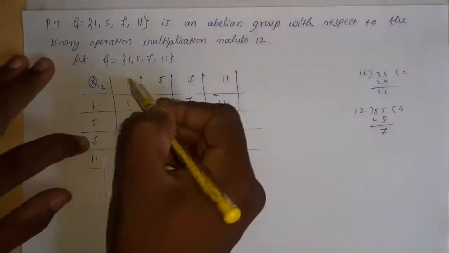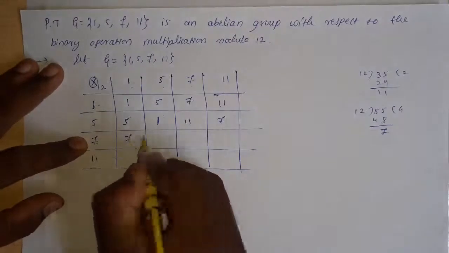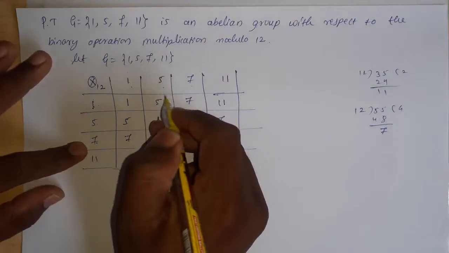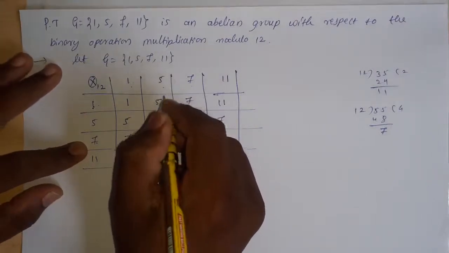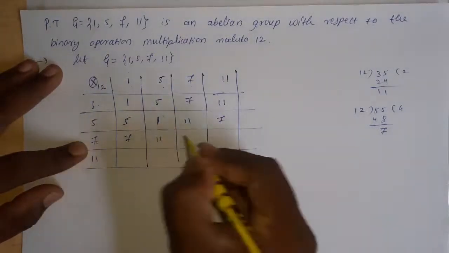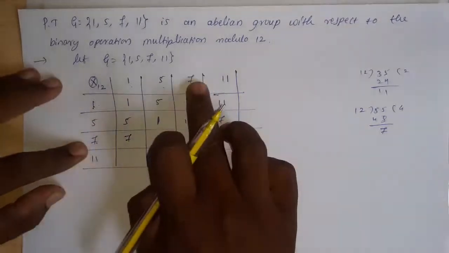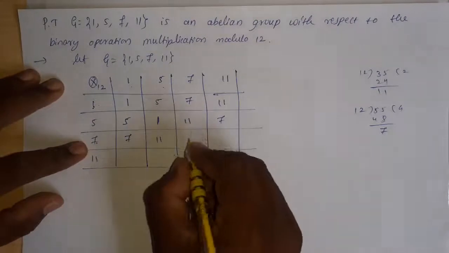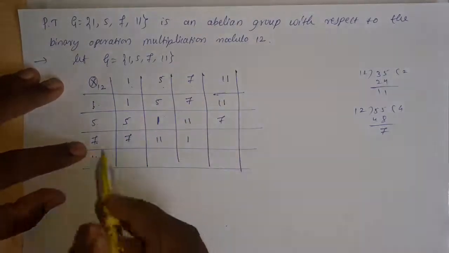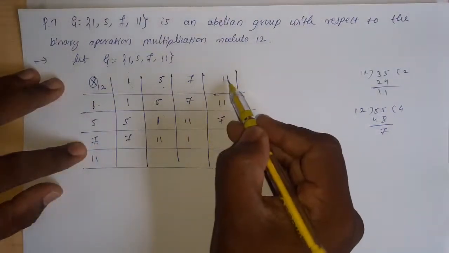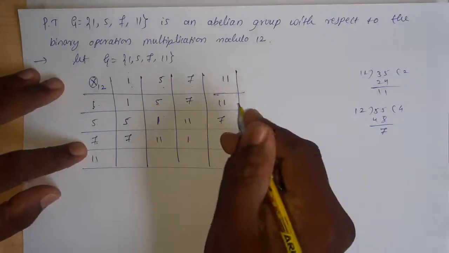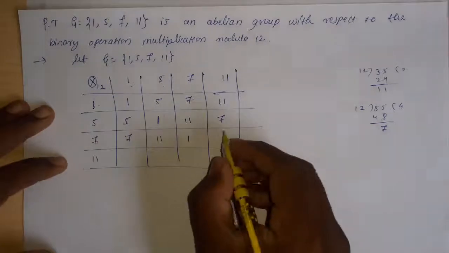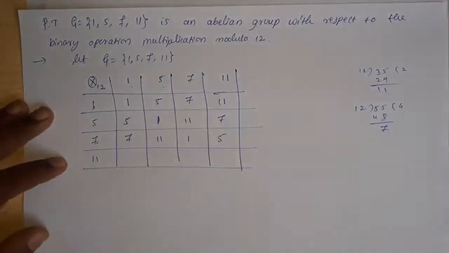Now here 7 into 1 is equal to 7 and 7 into 5 is 35, then the remainder is 11. 7 into 7, that is 49, then if you divide that 49 by 12, then 1 is the remainder. Then 7 into 11, that is 77, then after dividing that 77 by 12, 5 is the remainder.